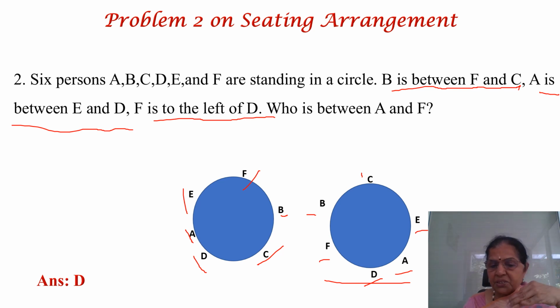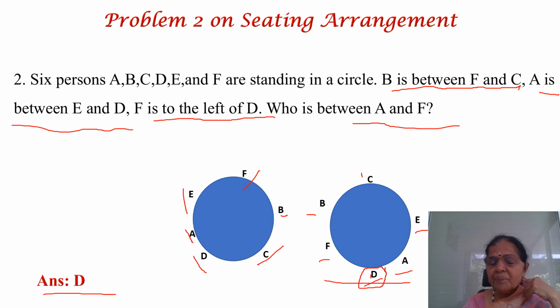So all the three conditions are fulfilled. In the previous circle, I could not fulfill the third statement, so I left it as such and I drew the circle once again. And now the question asked is who is between A and F? So you read the figure. D is seated between A and F. The answer is D.